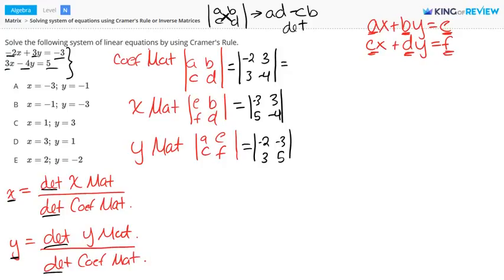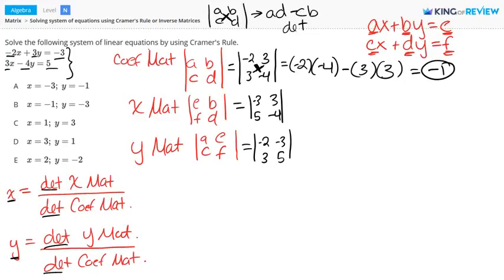Let's find the determinant of the coefficient matrix. We'll start with the product of the main diagonal, -2 times -4. And now we'll subtract the product of the entries in the other diagonal, 3 times 3. When you work this out, you get -1. And now let's solve for the determinant of the x matrix.